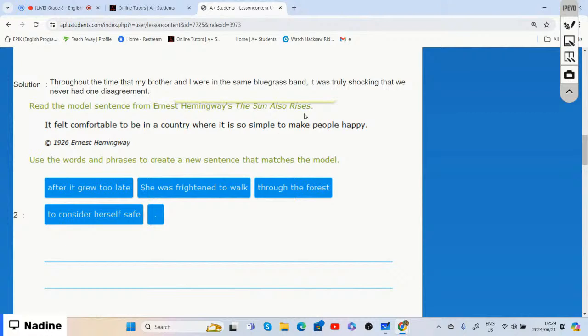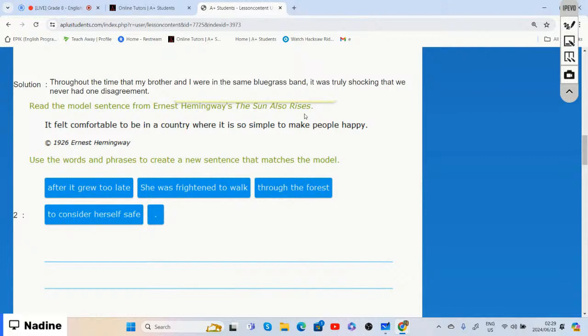It says, it felt comfortable to be in a country where it is so simple to make people happy, right?